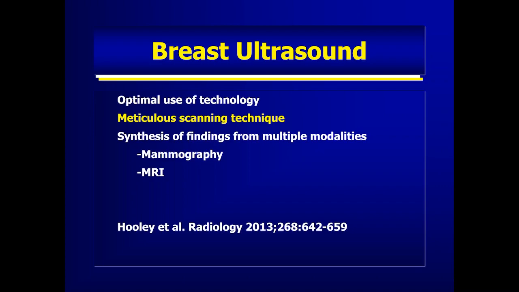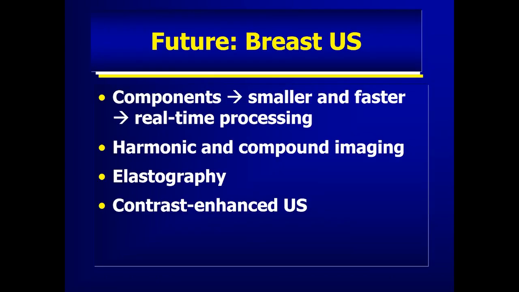That tends to mean that there has to be meticulous scanning, both in terms of coverage and in terms of attention to detail when looking at a finding, and then also to synthesize the findings from mammography and MRI, to do correlation between those modalities. That is the best way to use ultrasound. And then, of course, ultrasound is our main way for guiding biopsies of masses.